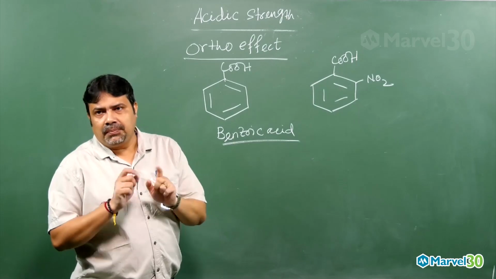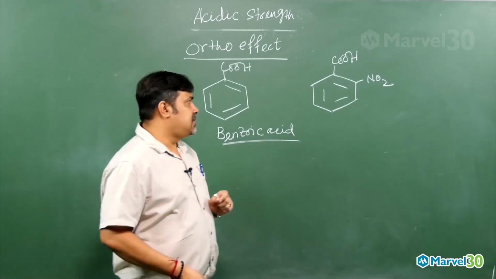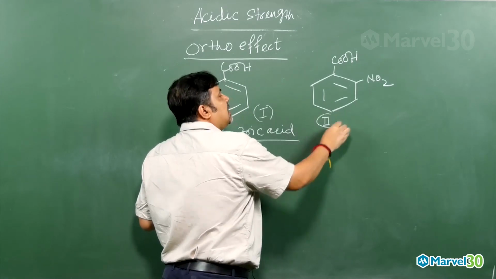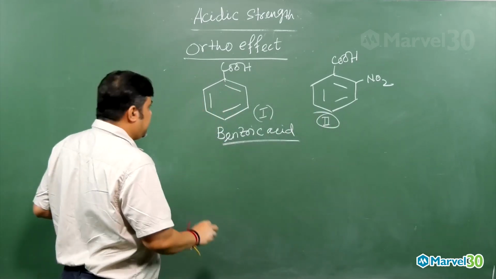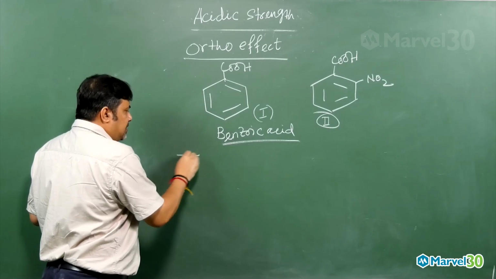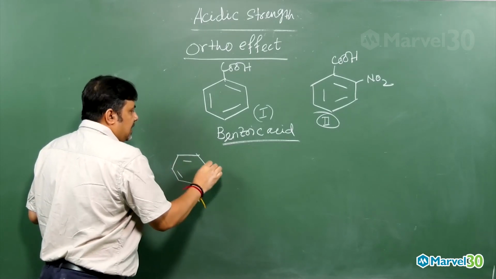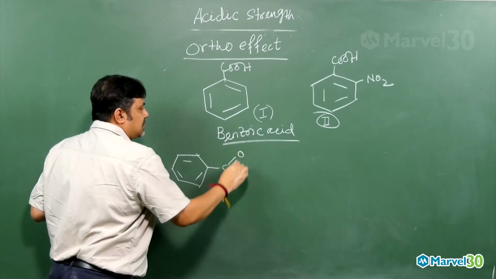That is a wrong perception. So if I write structure 1 and structure 2, in general whenever there is a benzoic acid, I write the structure like this.